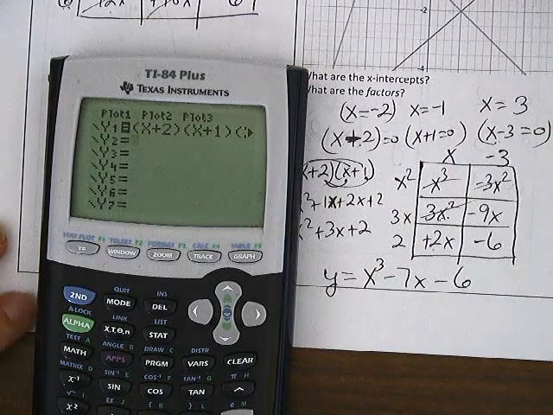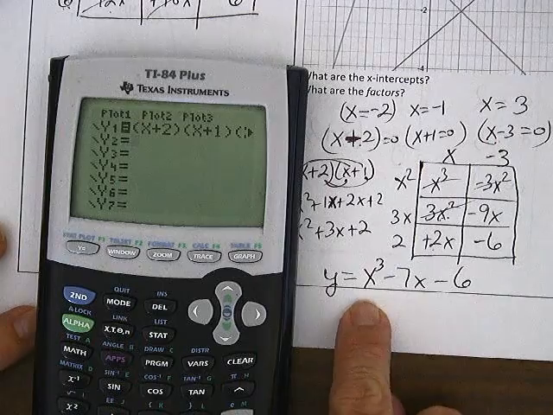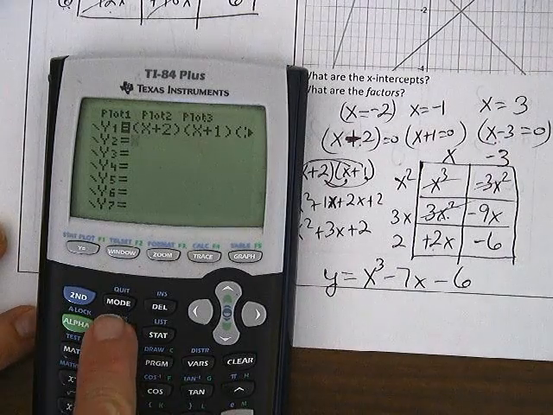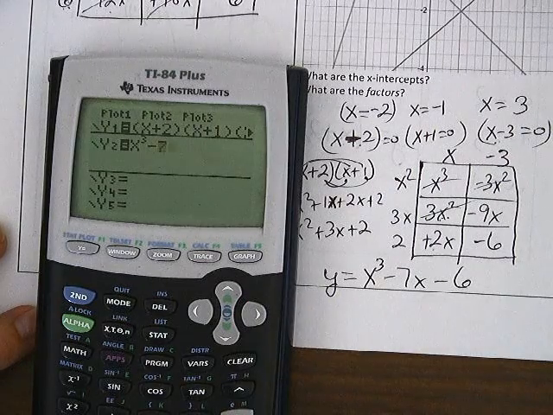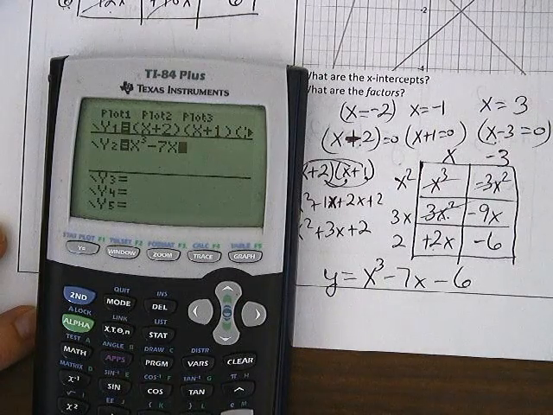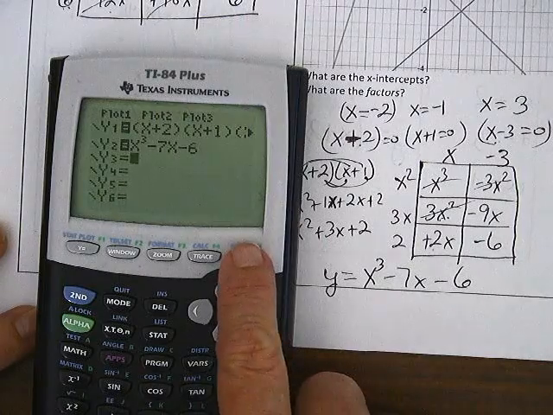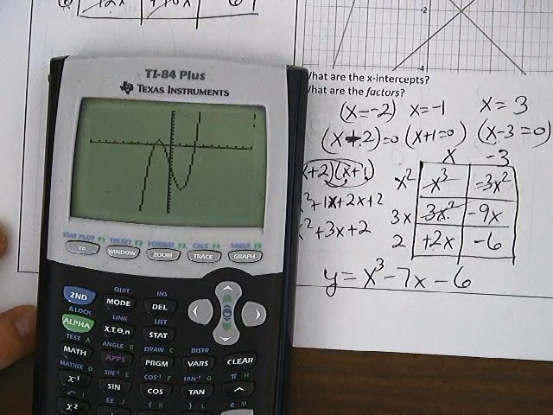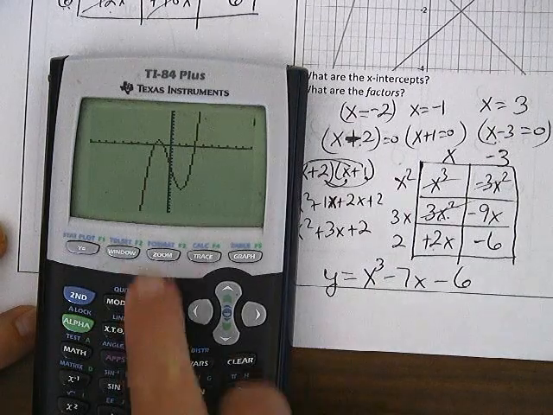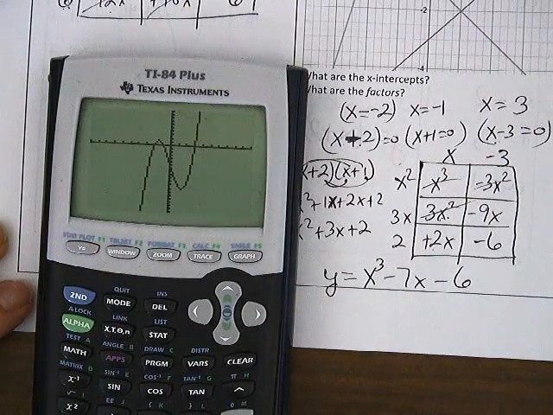One of the ways to double check ourselves that we've done everything correctly is now for y2, let's plug in the equation that we found it to be, x cubed minus 7x minus 6. If we go to our graph, and I've modified my graph a little bit. Sure enough, it's graphing right over the top, so that's good.